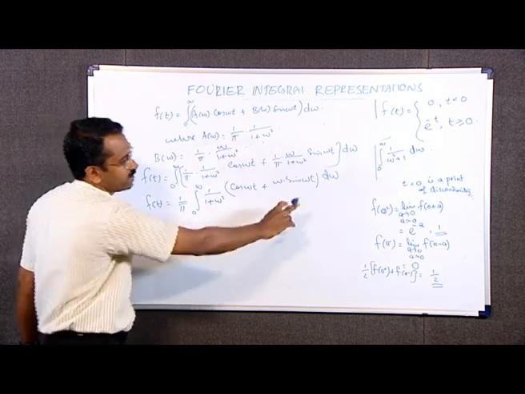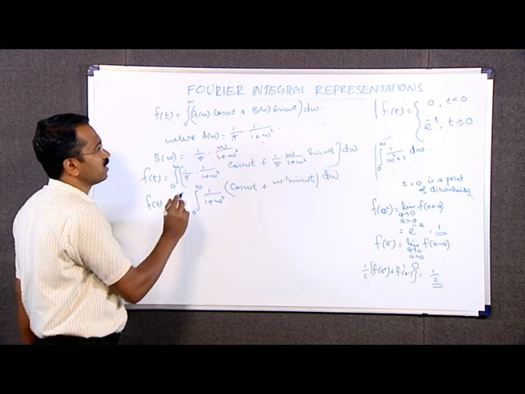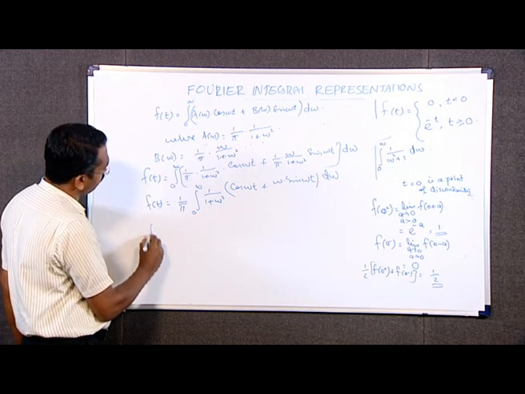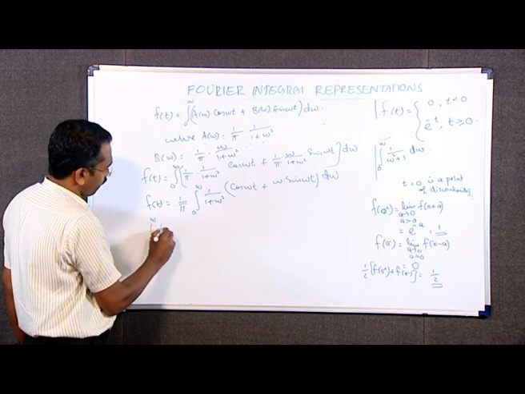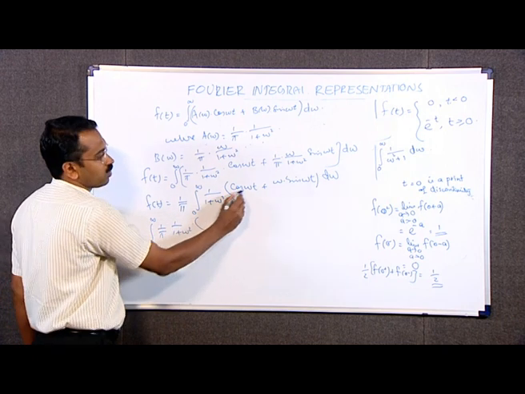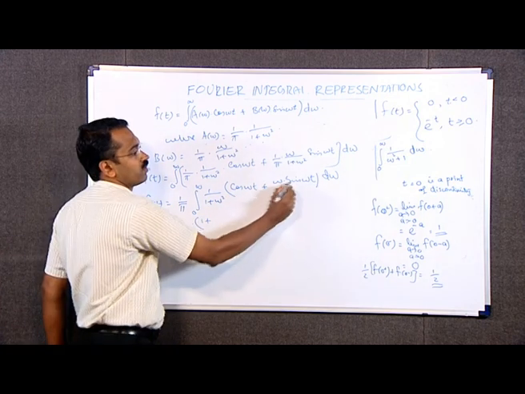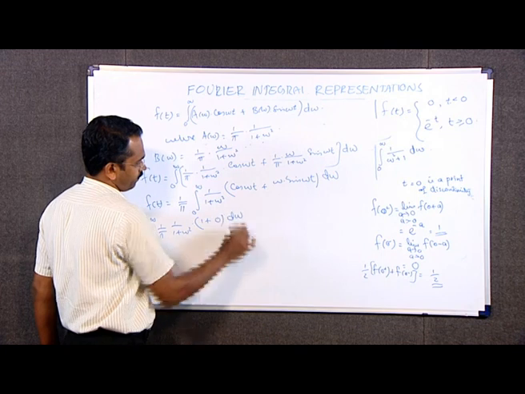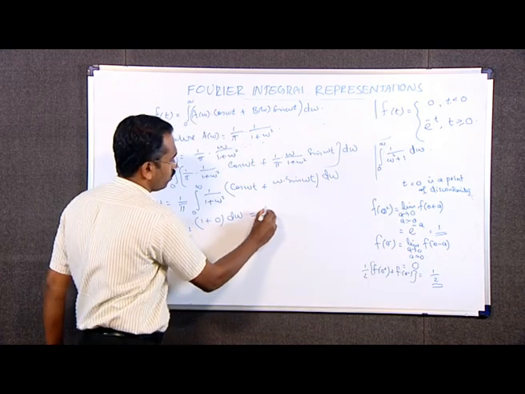Now, at t equal to 0, we can write this expression as integral from 0 to infinity 1 by pi into 1 by 1 plus omega square into cos 0, that is 1, plus 0, d omega, which is equal to the corresponding value 1 by 2.